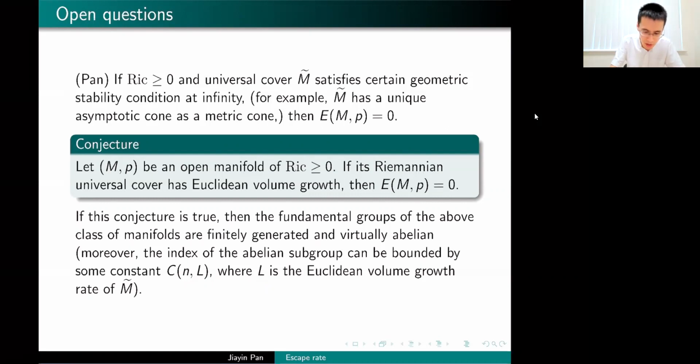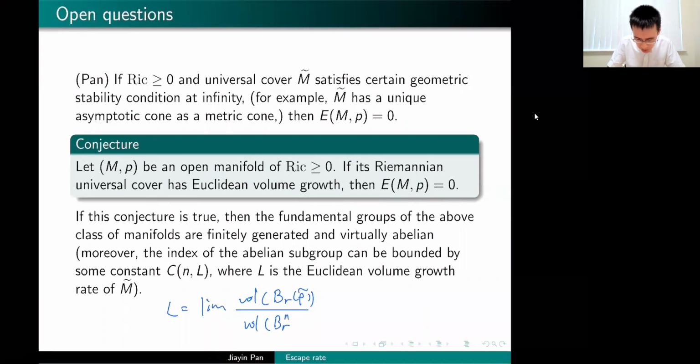So here, A is the limit of the volume of B_R(p̃) over the Euclidean volume.